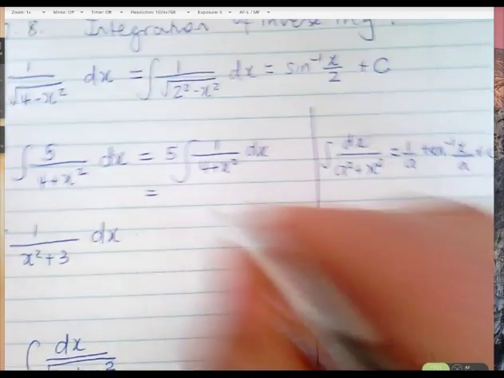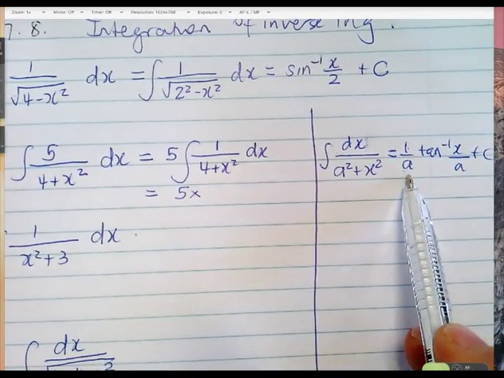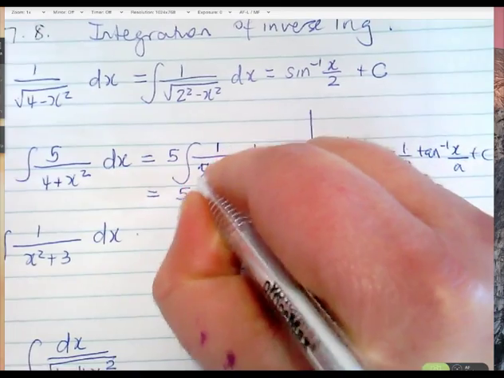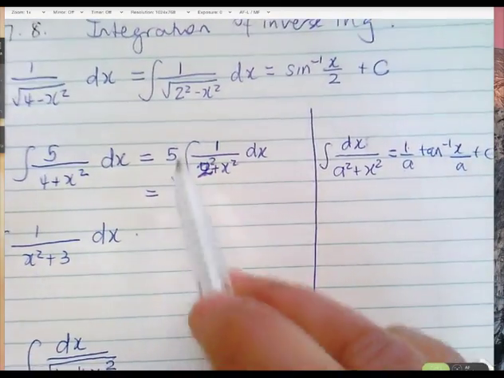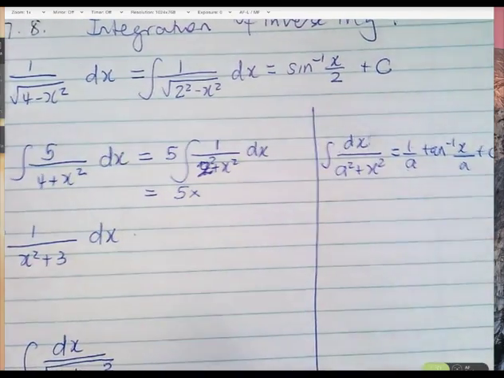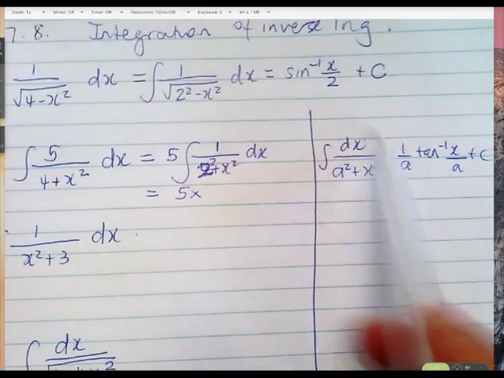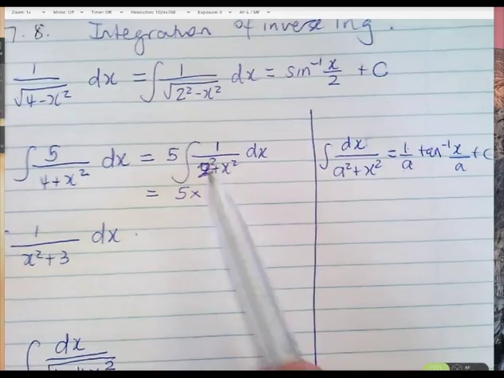So therefore, the integral is 5 times, what do you put here now? What does a equal? I'm going to write this as 2 squared, by the way, girls. So that is 5 times the integral of 1 over 2 squared plus x squared. I want it to look exactly as the formula is: 5 out the front, 1 over 2 squared plus x squared.